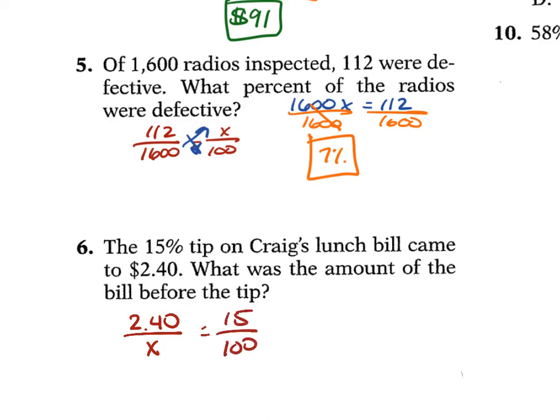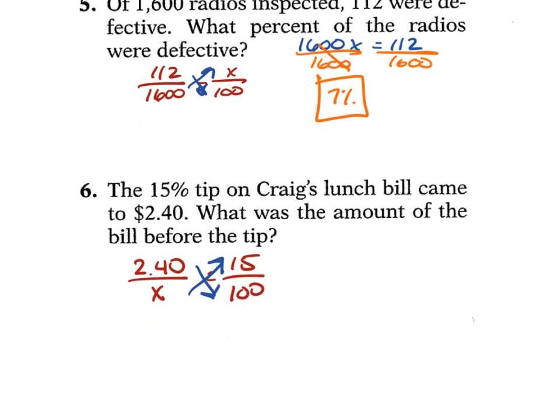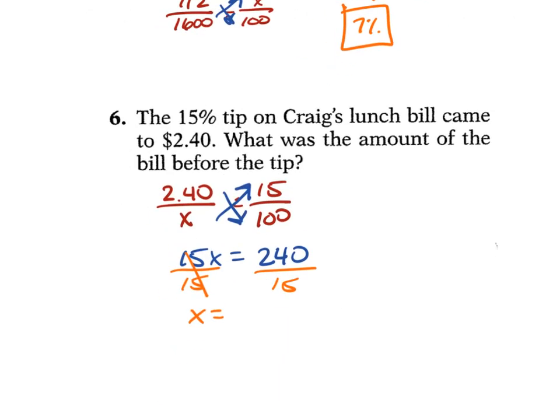There we go. So we can cross multiply. So we are going to have 15x is equal to 240. We divide by 15. So 240 divided by 15 gives us $16.